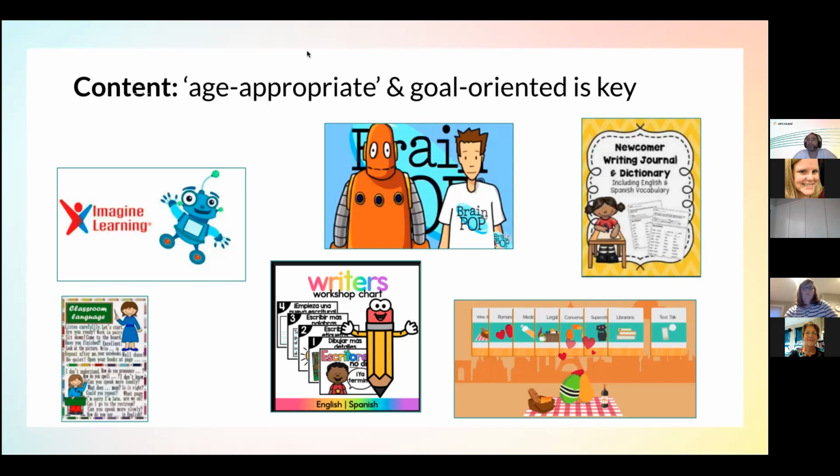So some of those fun, awesome games and tools that we built for our elementary school students might not be the same tools and content themes that we use with our middle and high school newcomers. A certain level of age appropriateness is always a good idea to think about when we're creating content for middle and high school newcomers.